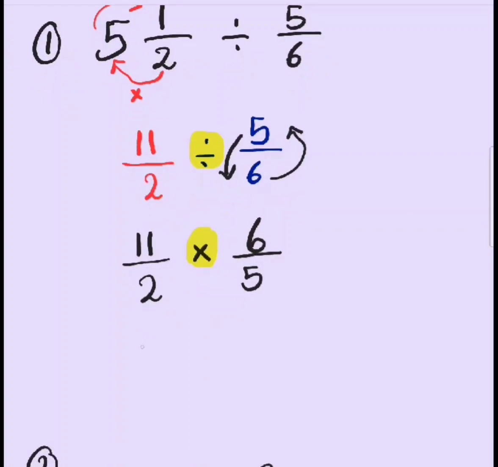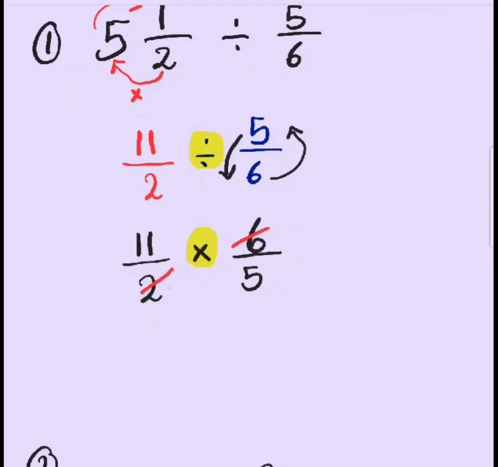But before doing so, you can always check to see if you can use cancellation. And cancellation, you can think of it as just simplifying the problem before you multiply straight across. So let's see if we have any common factors between the numerators and denominators. And we do. 2 and 6 have a greatest common factor of 2.